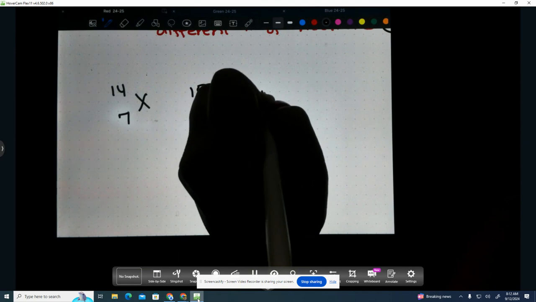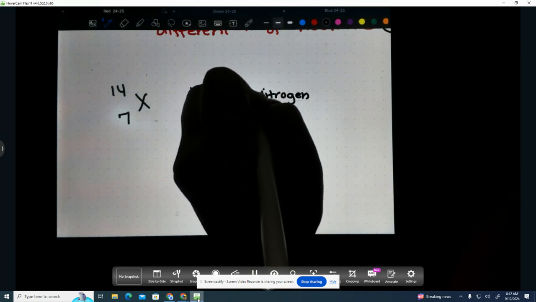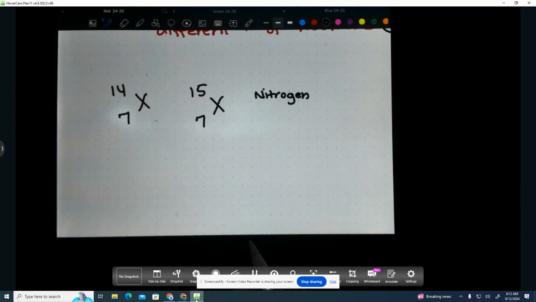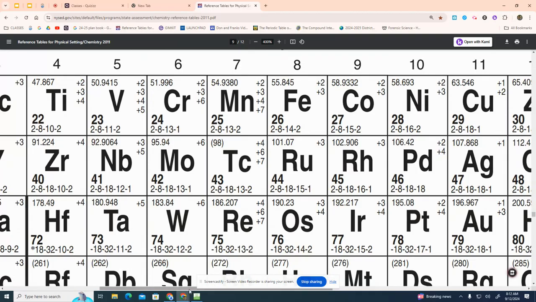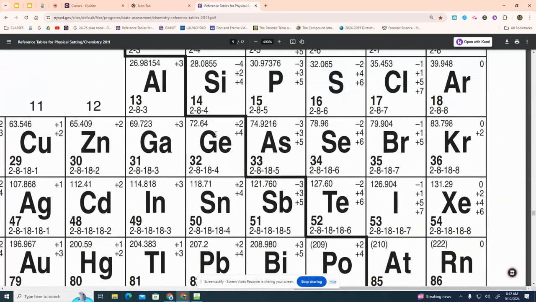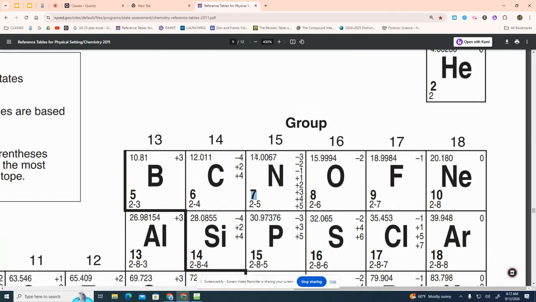It is nitrogen. Okay, tell everybody how you did that because there's still some people out there who have no idea. Not atomic mass of 7. Not mass. Mass doesn't tell you what element it is. Atomic number is 7. So if you have an atomic number of 7, then you know you're dealing with nitrogen. Okay?